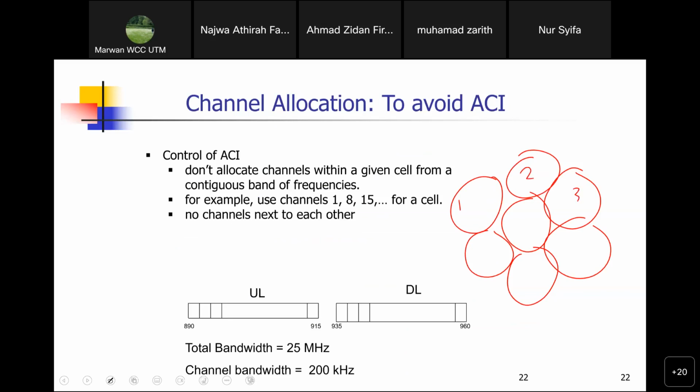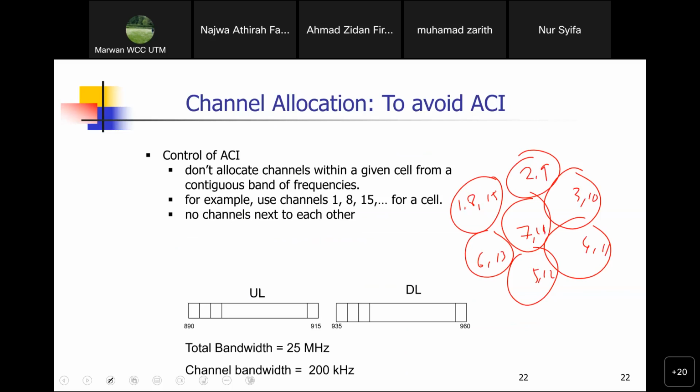Frequency 3, 4, 5, 6, 7, then frequency 8, 9, 10, 11, 12, 13, 14, and so on. So this is normally how we deal with adjacent channel interference.